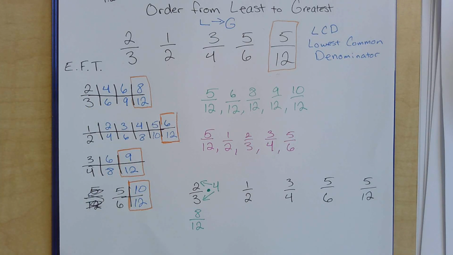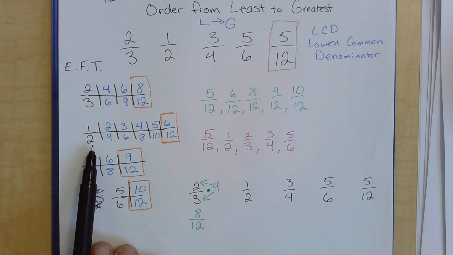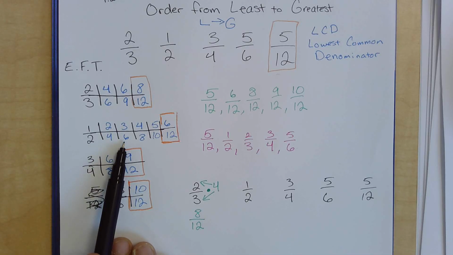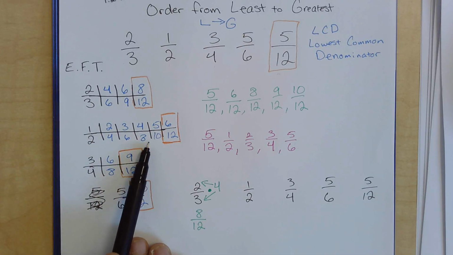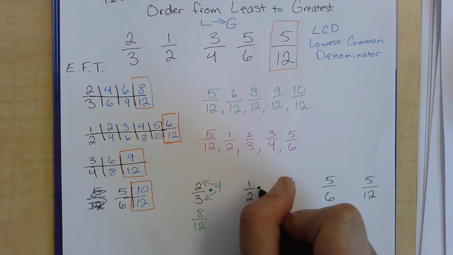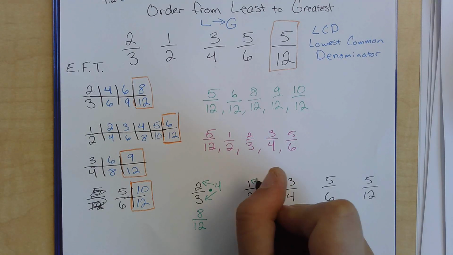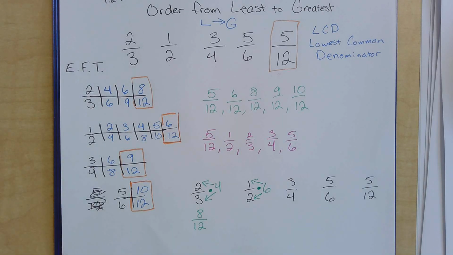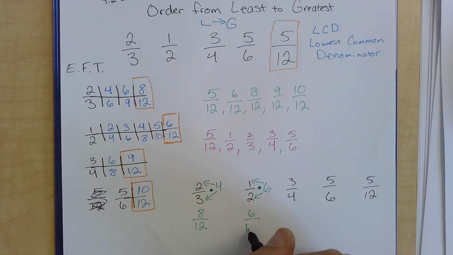Okay? Same thing for the half. We know our common denominator is 12, so we need to think about 2 times what will give us 12. This is 2 times 1, 2 times 2, 2 times 3, 2 times 4, 2 times 5, 2 times 6. So we're going to multiply this fraction by 6, and we're going to multiply both our numerator and our denominator. 6 times 1 is 6. 6 times 2 is 12.